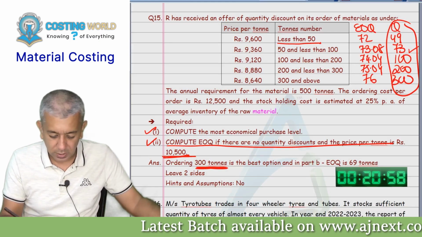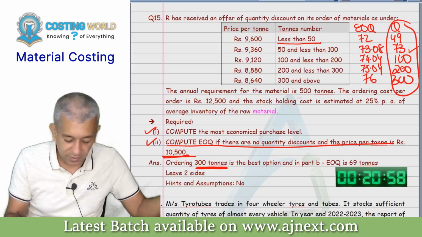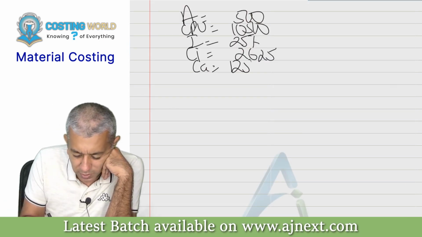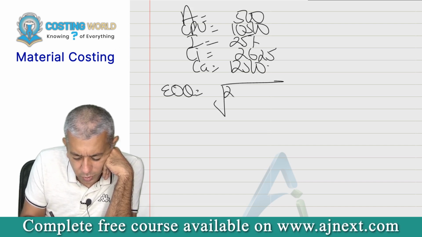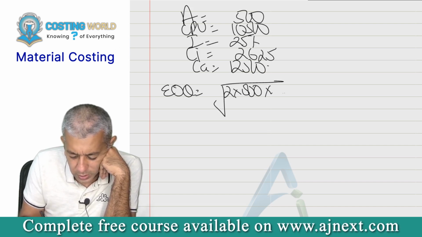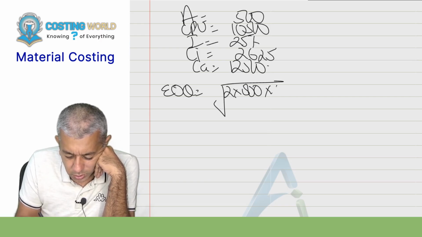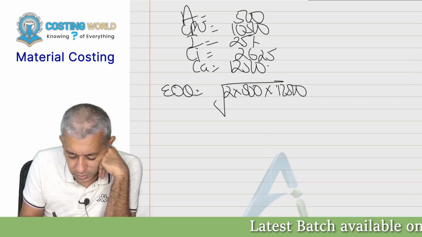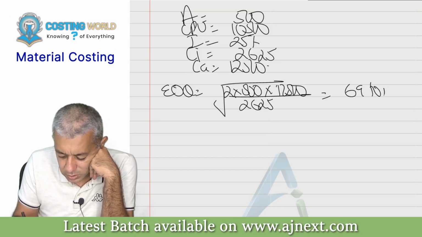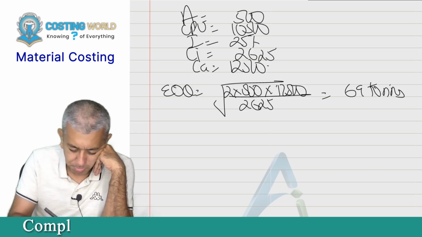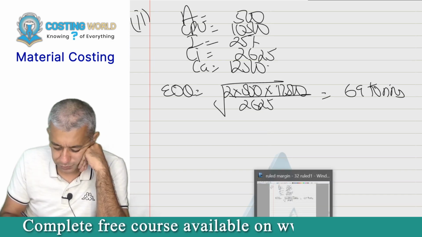CA in this particular case is nothing but 12,500. Just apply the formula of EOQ, square root of 2 into CA into A divided by CI, that is 12,500 divided by 2625. The answer is 69 tons. That is part 2 of the question.